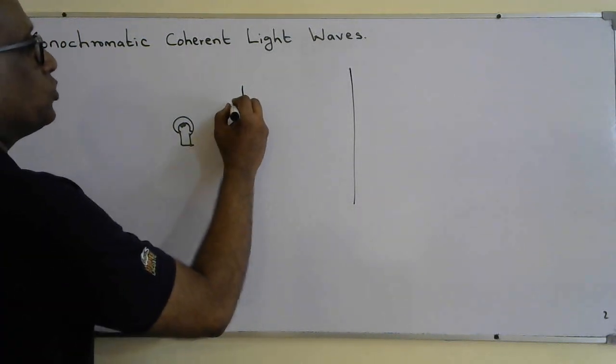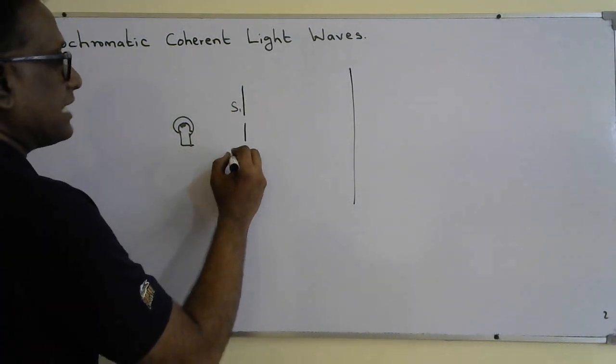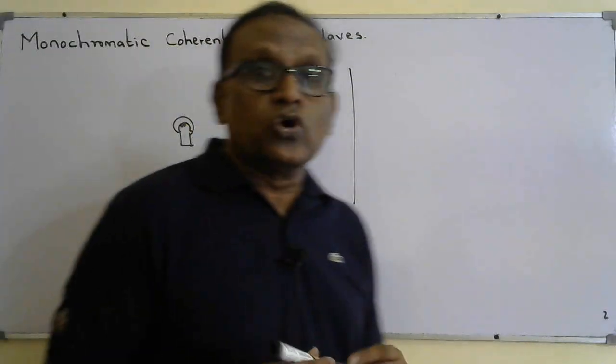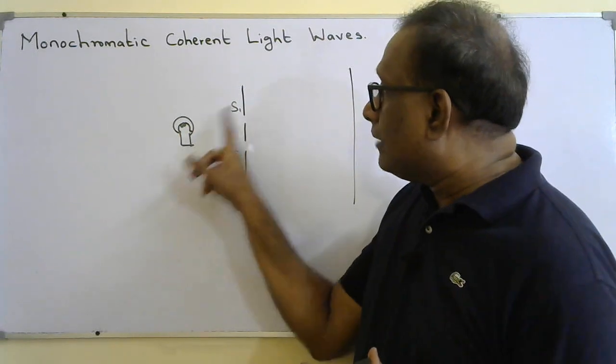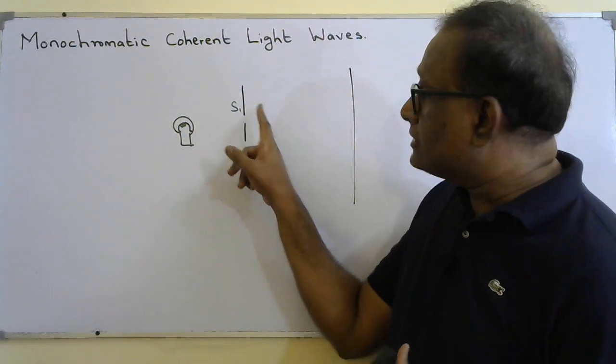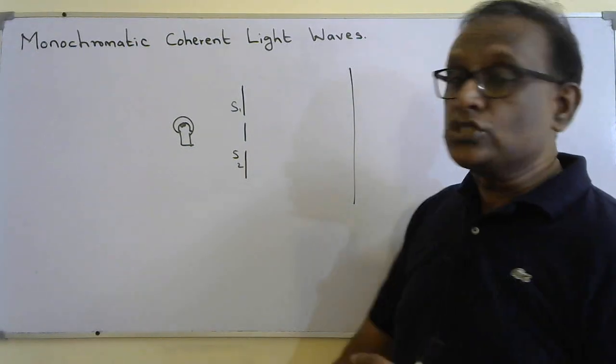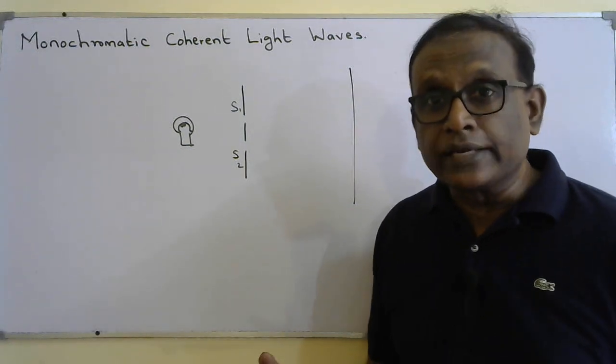Because the two slits S1 and S2 receive light from the same bulb, whatever happens in this bulb will affect the light passing through both slits. So the light coming out of these two slits, won't they be coherent?